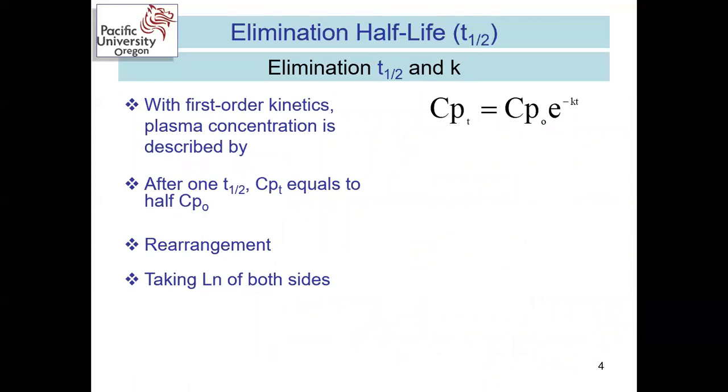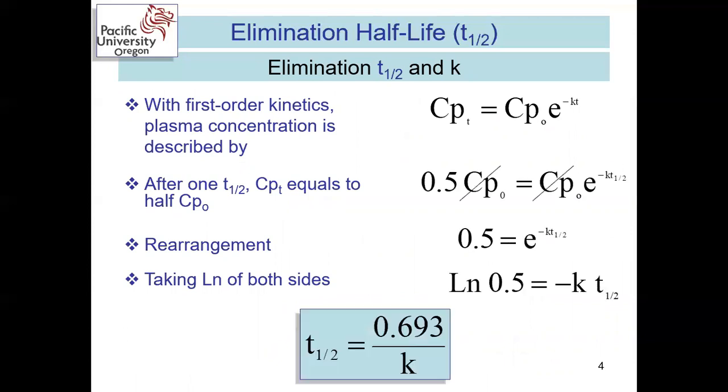I don't usually expect you to derive the PK equation, but at least you should know how we ended up with this very commonly used equation for half-life. Half-life and K are described by this equation. Half-life is 0.693 over K, or K is 0.693 over half-life.